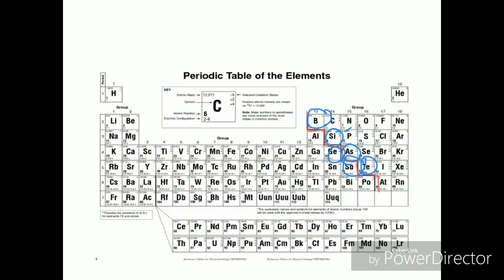Now, you should notice here aluminum is a little interesting. Aluminum does have 2 bold lines of this staircase touching it, but aluminum is an exception. Again, I had told you earlier that for almost every rule in chemistry, there's one exception. I'm sure you're probably aware that aluminum is a metal, like aluminum foil or aluminum cans, so aluminum is not considered a metalloid.